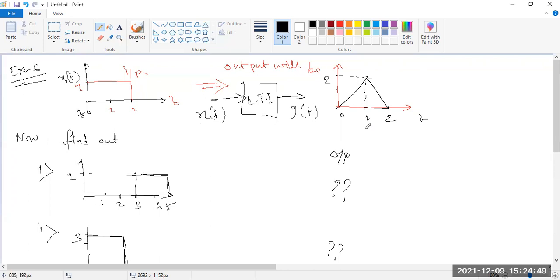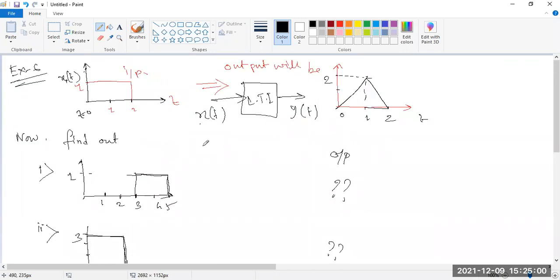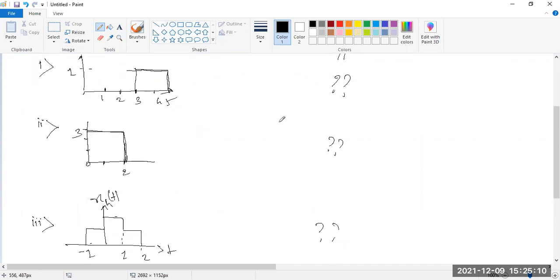Just apply this type of concept, then you can do this. Just these three questions you have to find out. If you have good knowledge about signals and this type of graph, then you can easily do this.